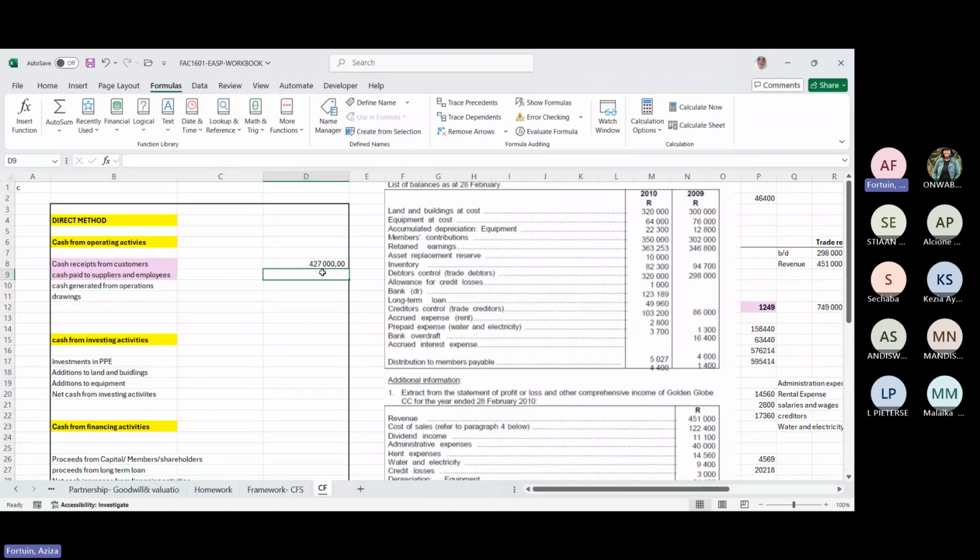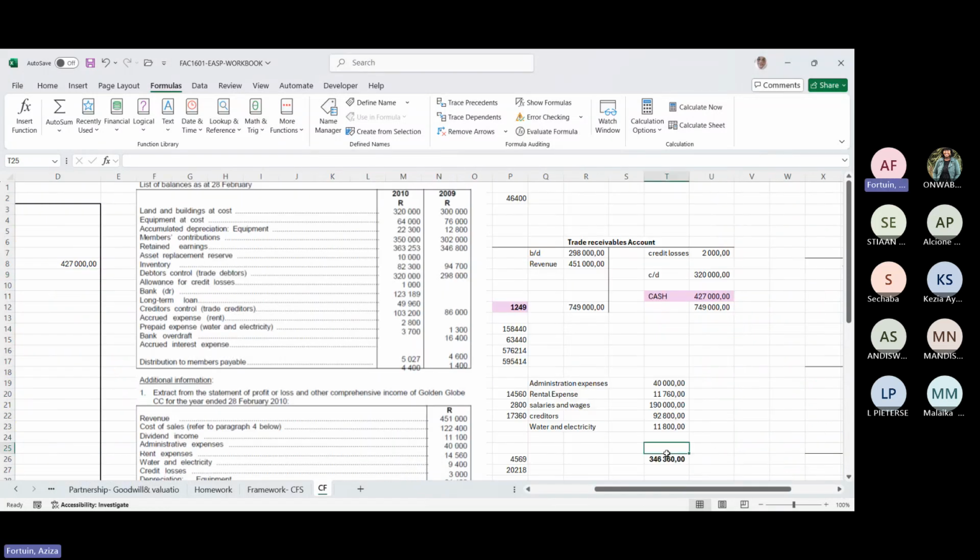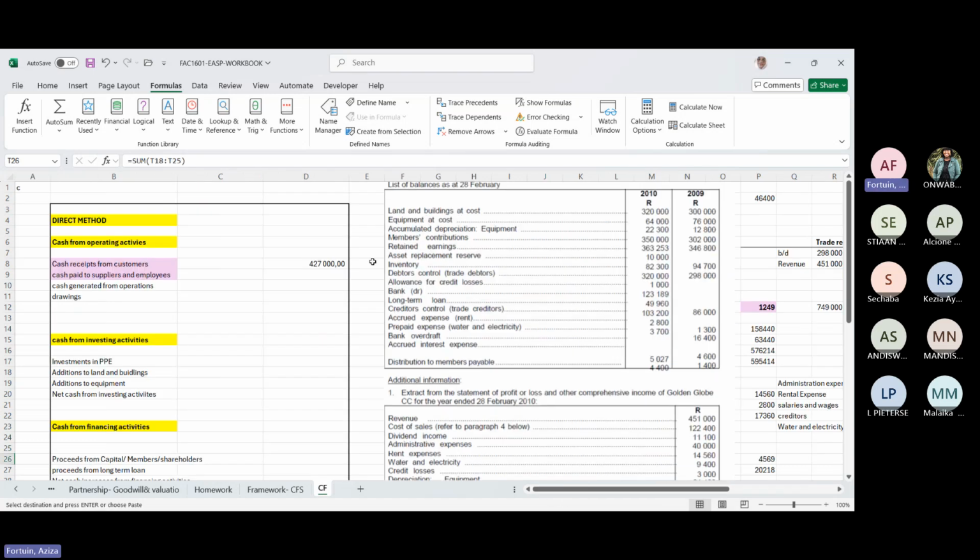Okay, so what did we calculate for cash paid to suppliers? It was 363,346. Let's just put that in.